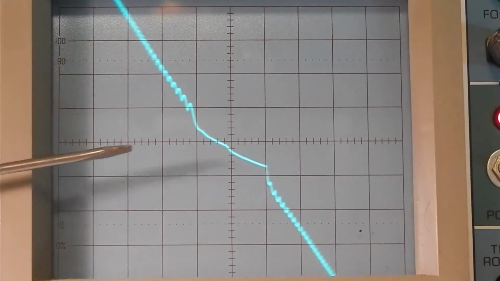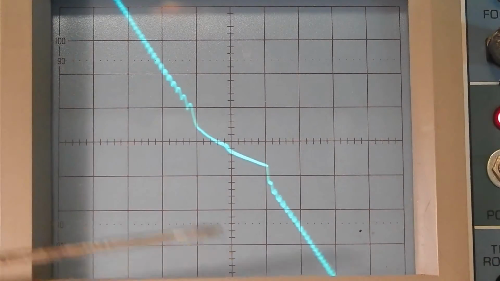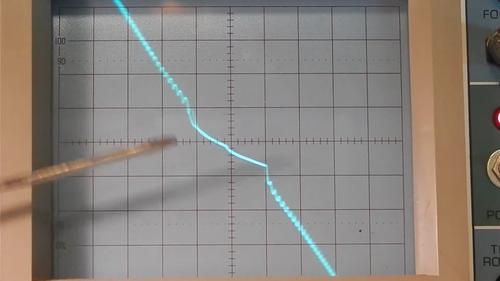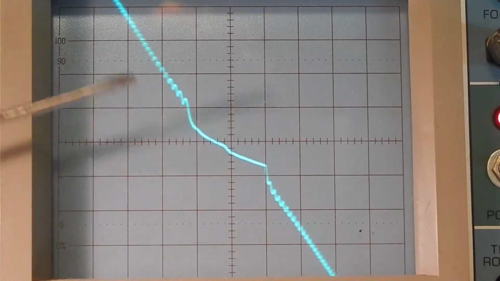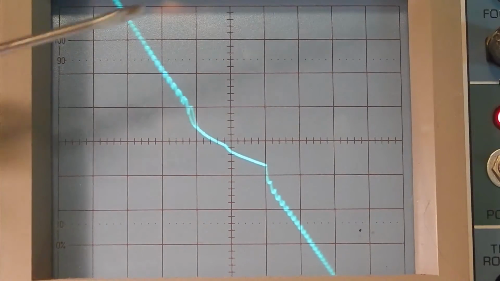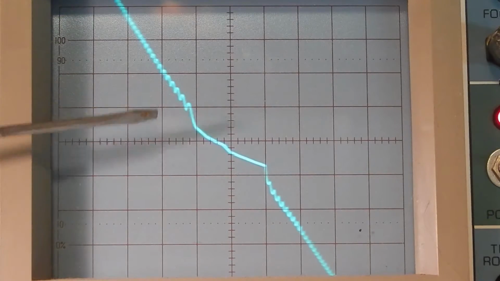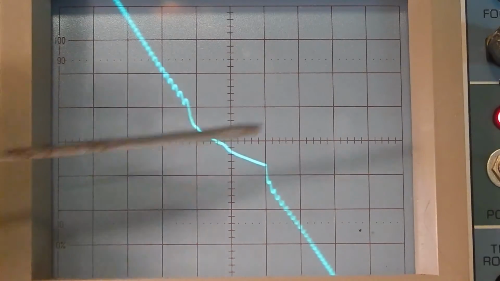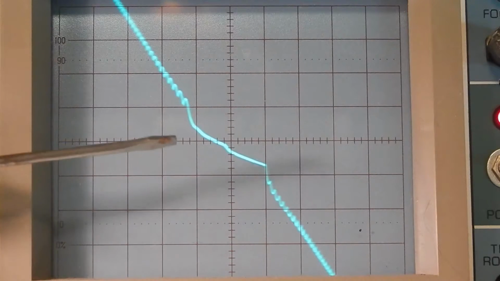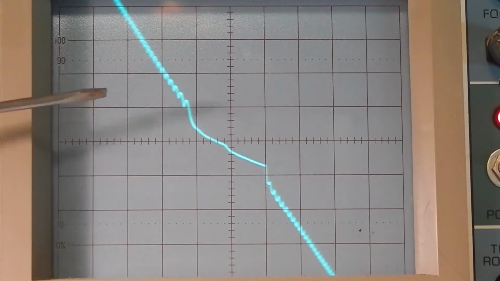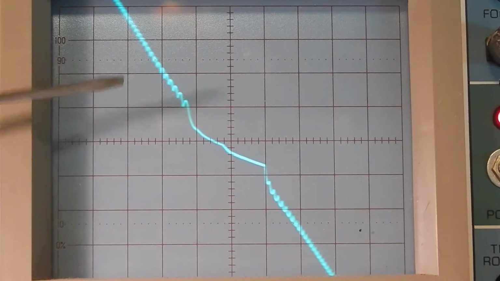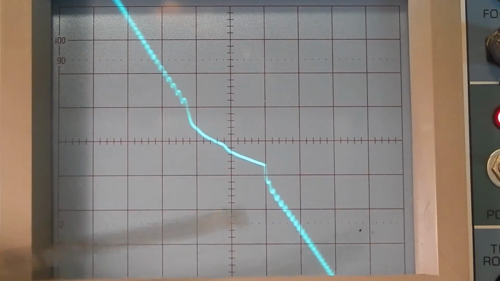Here I've taken that part of the wave by the zero crossing and blown it up as much as I could. You can see not only is there this odd divot in the zero crossing, but there's an oscillation happening before and after, a ringing before and after that glitch.